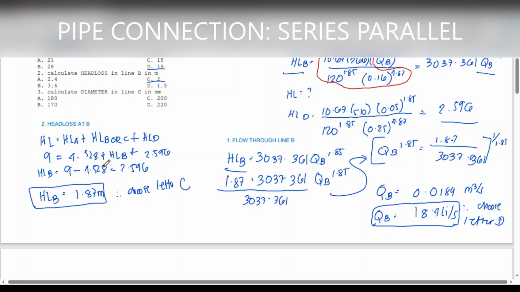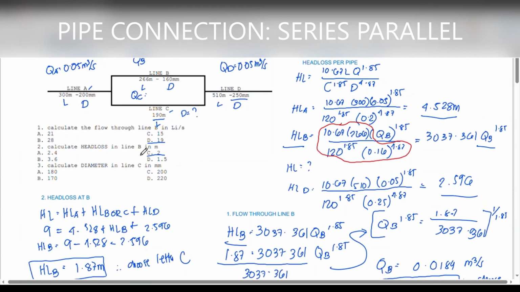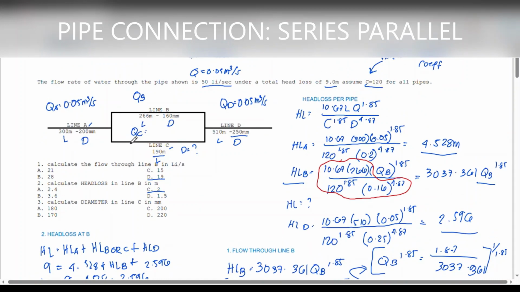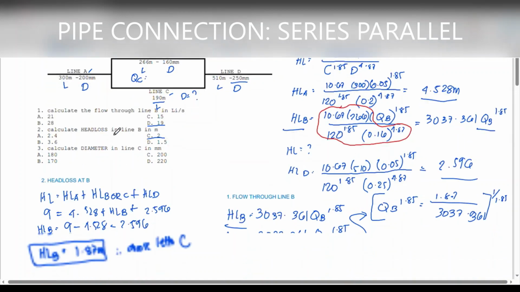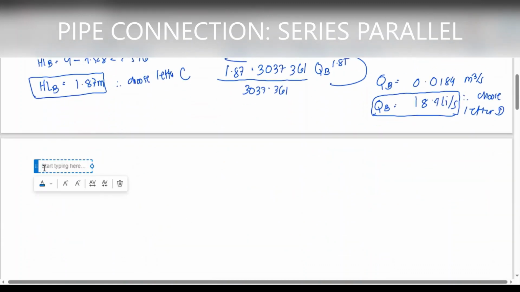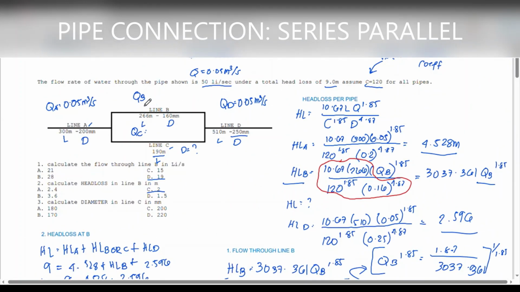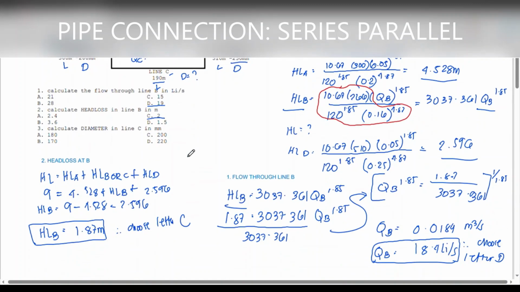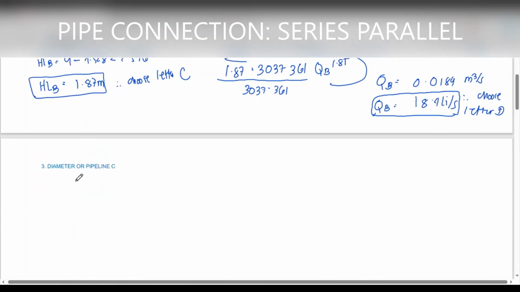Now, what about our question number 3, the diameter in line C? So, from our figure, we can see that pipelines B and C are actually connected in parallel with line A. So, with that, I'll just state: diameter of pipeline C. As we all know, pipeline A is connected in parallel with pipelines B and C. So, with that, we can have an equation of QA is equal to QB plus QC.